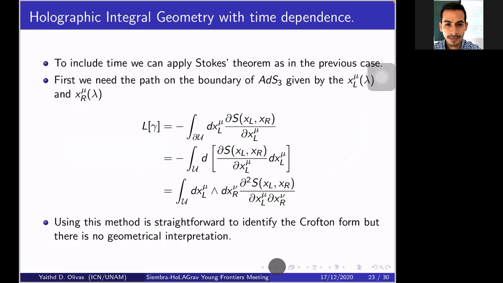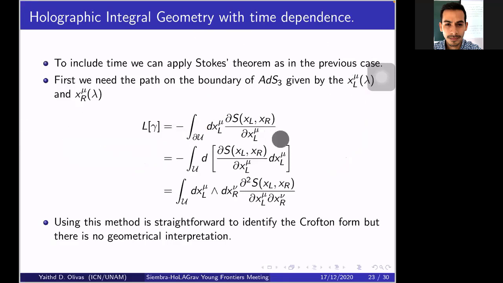So we can proceed as in the static case and use Stokes' theorem to obtain the Crofton form. First, we need the path on the boundary traced by the geodesic, the endpoints of the geodesics, I mean this x_L and x_R.